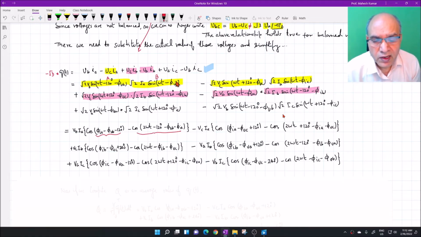So each term will again give two terms. In total we will have 12 terms, 4 for each. This is for the first one, then the second one, and this is the third one.